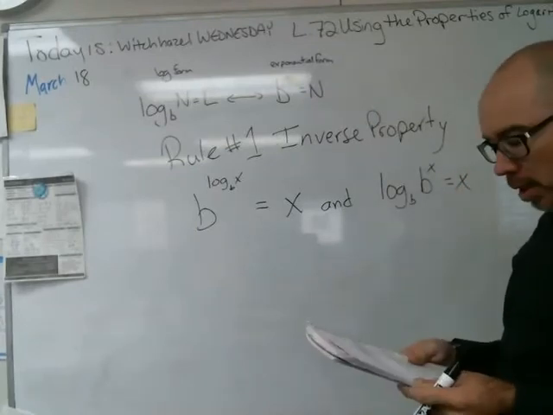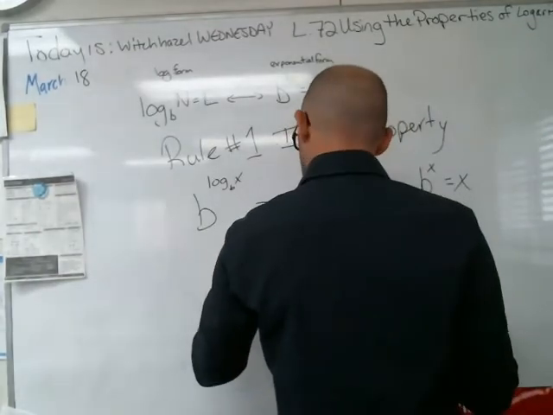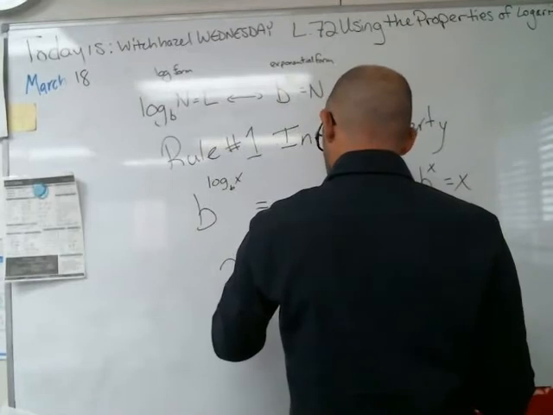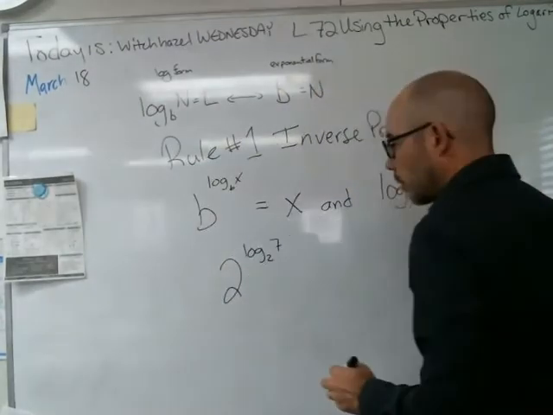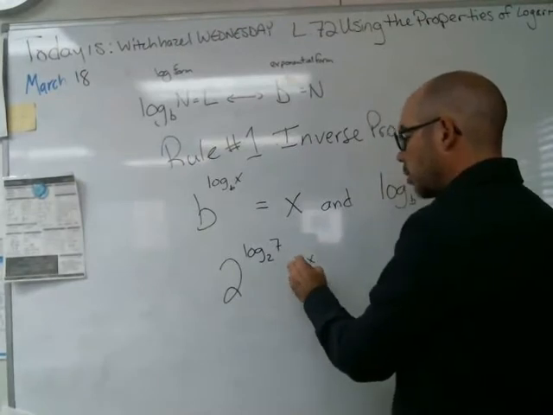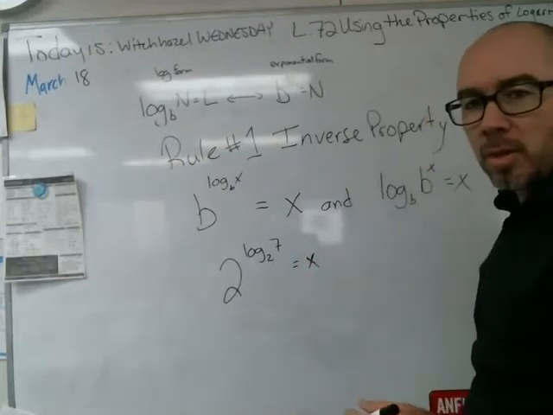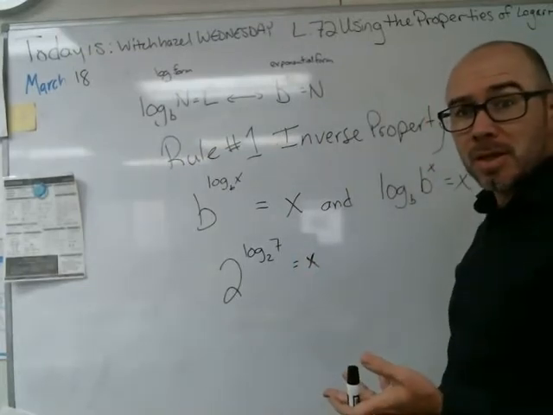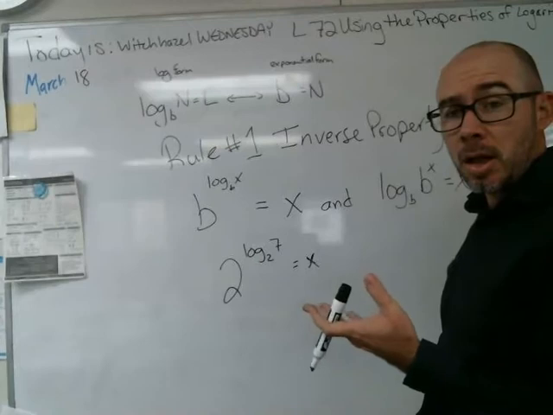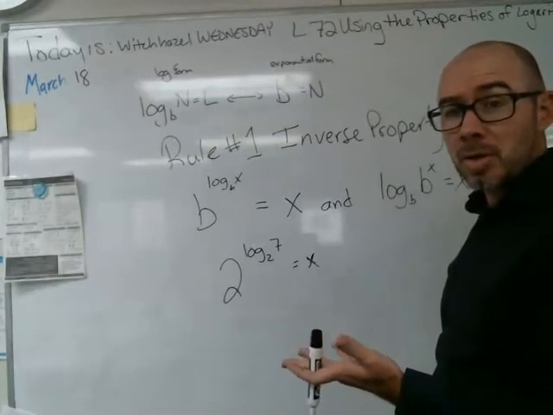There you go. Now, what in the world is that going to look like? You're going to have something like 2 to the power of log base 2 of 7. And I almost always just put kind of like an imaginary equals x in the problem. And then you want to think, well, if I change the form of this, this is log base 2 of x equals log base 2 of 7.